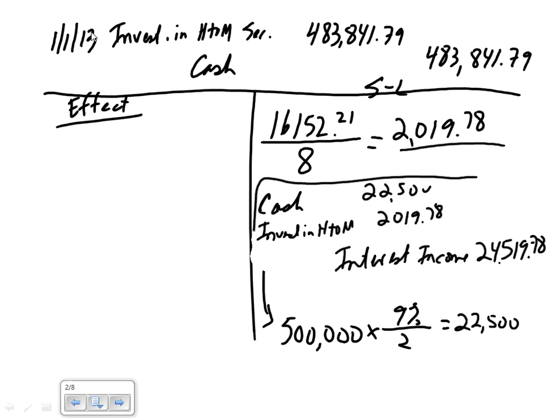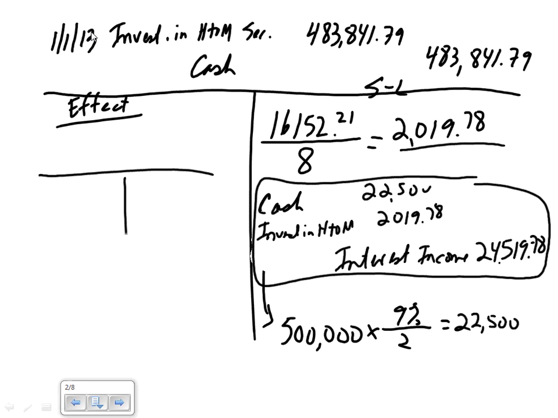Now, because this is the straight line method, it's easier, and that's going to be the journal entry every period until these bonds mature. At that point, the investment in held to maturity securities started at $483,841.79, and each period it's going to get $2,019.78.